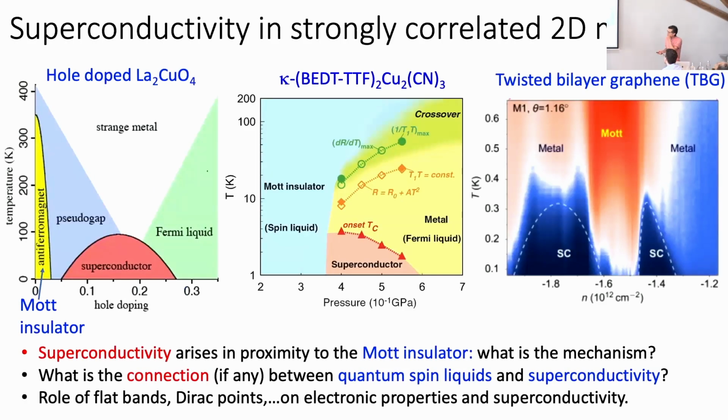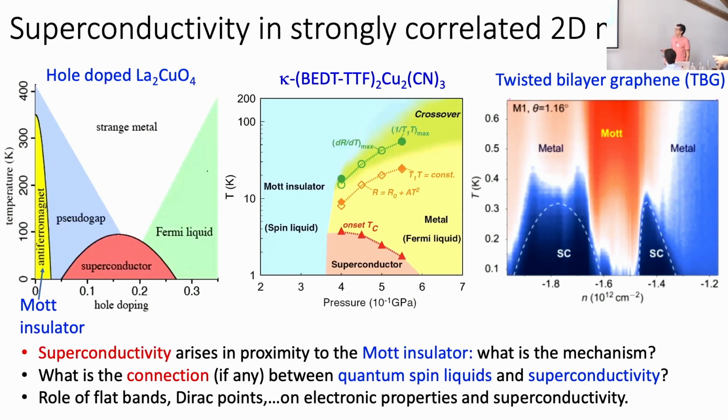Okay, so I think by now we have many examples of strongly correlated 2D materials or quasi 2D materials. So starting with the cuprates, of course, the organics, and more lately, we have the example of the twisted bilayer graphene, right?